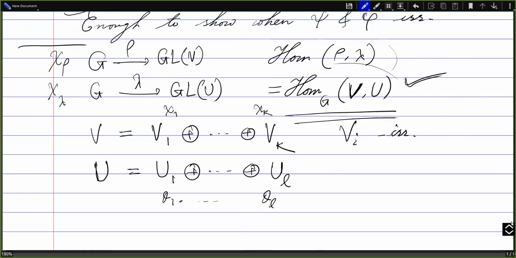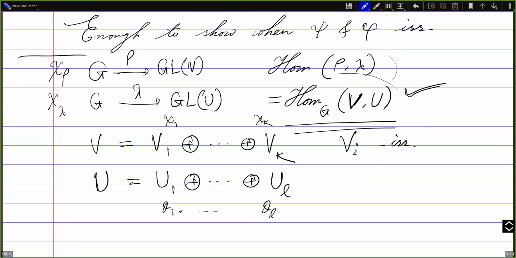Now suppose there is a G-invariant map T from V to U. Then for any i from 1 up to k and j from 1 up to l, first we restrict T on Vi.